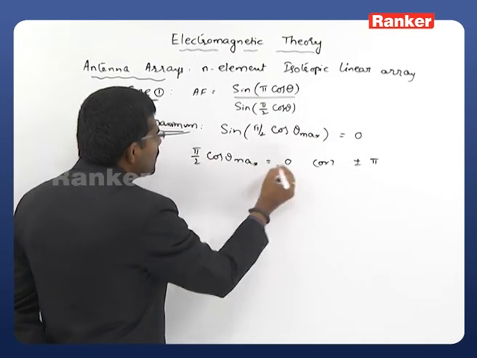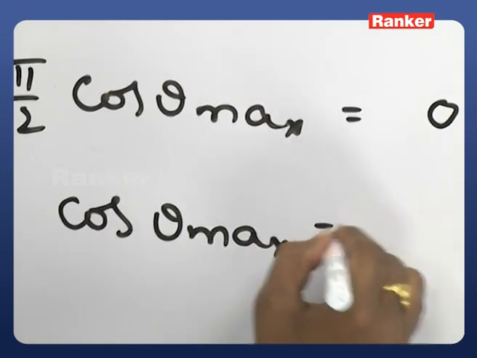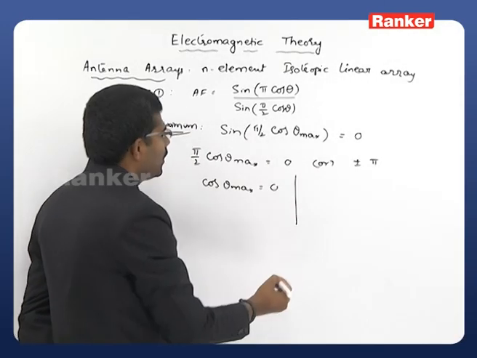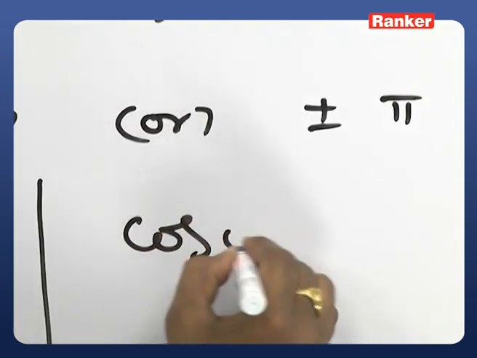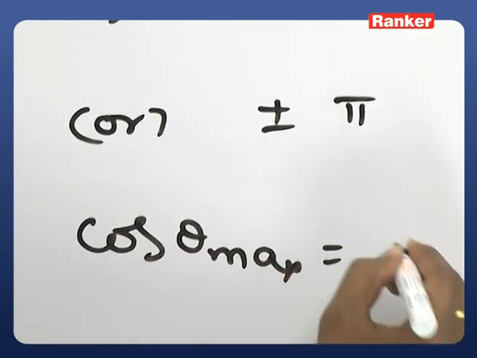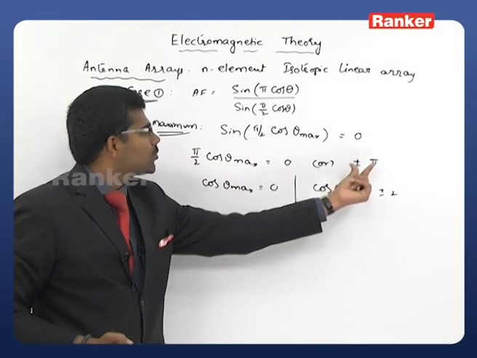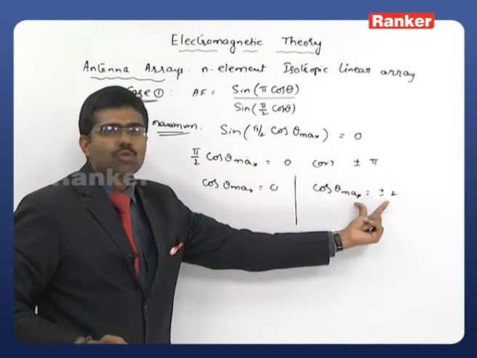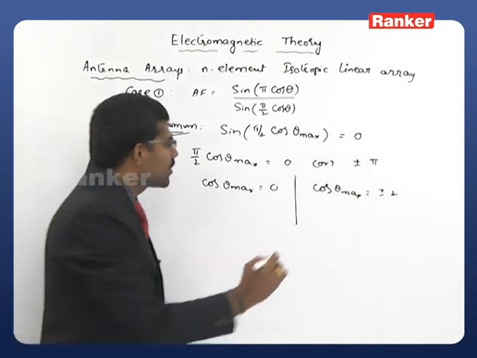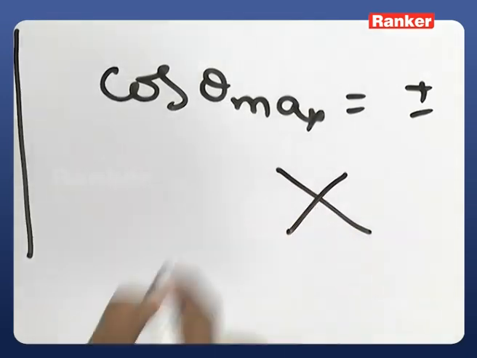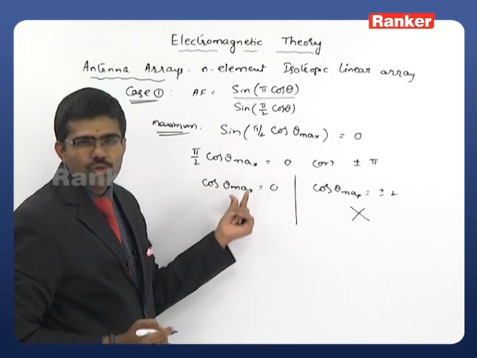Pi by 2 cos theta max equals 0 corresponds to cos theta max equals 0. If pi by 2 cos theta max equals plus or minus pi, then cos theta max equals plus or minus 2. Cos theta max of plus or minus 2 is not possible. This is not an existing case.